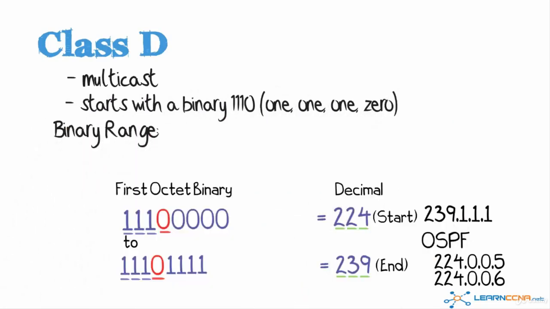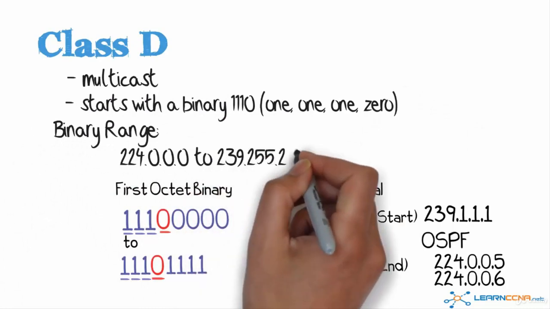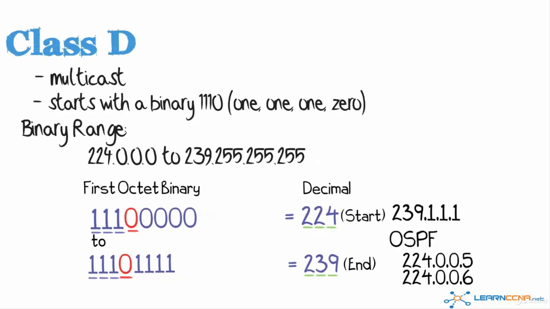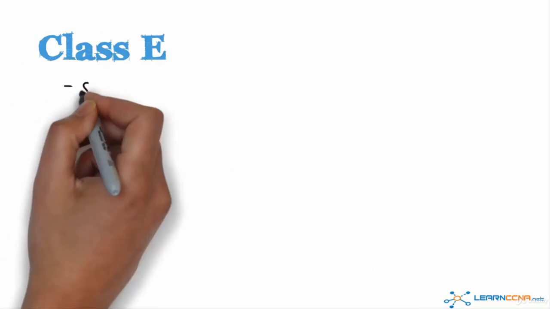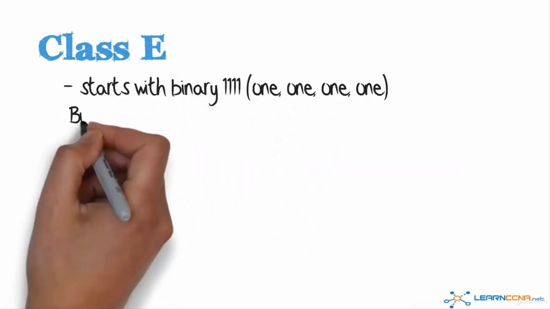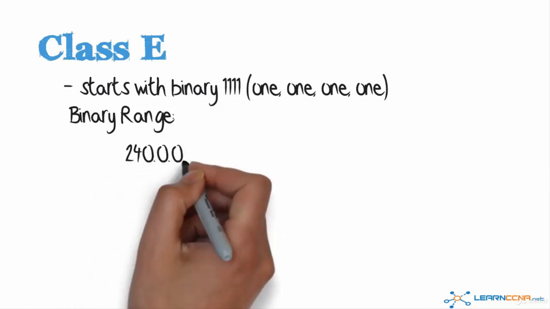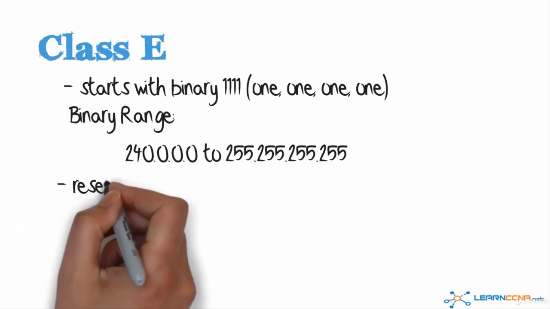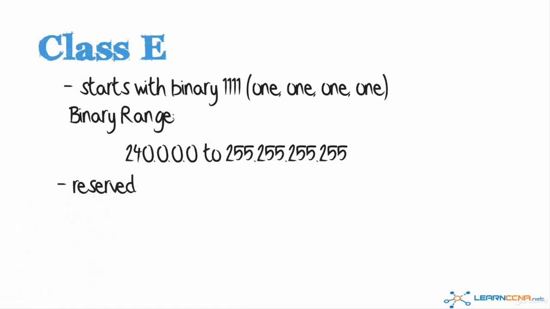A multicast implies once again that one device is talking to a group of devices rather than one-to-one communication. Class E addresses are reserved addresses. They start with 4 binary ones and are in the range 240.0.0.0 all the way to 255.255.255.255, which is a reserved address for broadcasts.